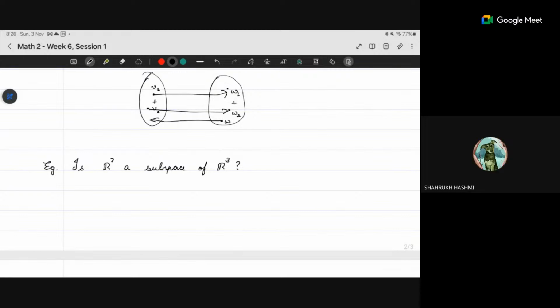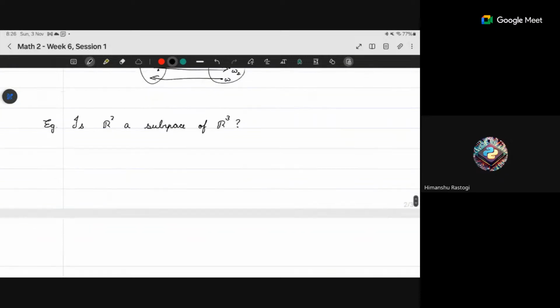Any other answers, or does everyone agree that it is true? Yeah, it should be. The zero of this R2 exists in R3, and R2 is closed under addition.